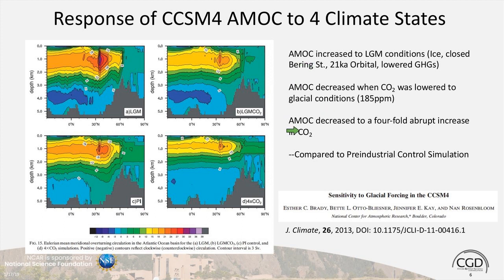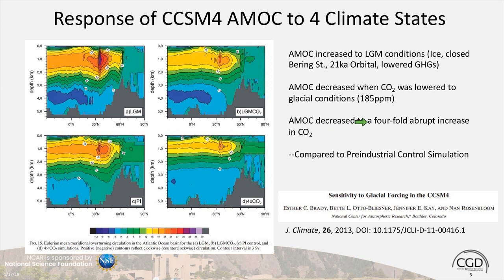So these are equilibrium climate states, and what we found was that AMOC increased to LGM conditions with ice sheets, closed Bering Strait, orbital for 21,000 years ago, and lower greenhouse gases, but decreased when CO2 was lowered but everything else was kept at a pre-industrial state, to glacial conditions, or CO2 is increased to a fourfold abrupt level compared to pre-industrial levels.